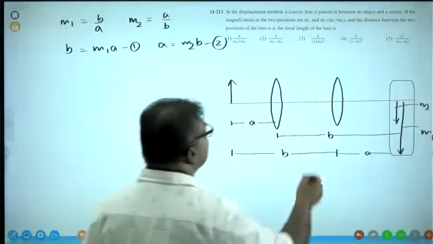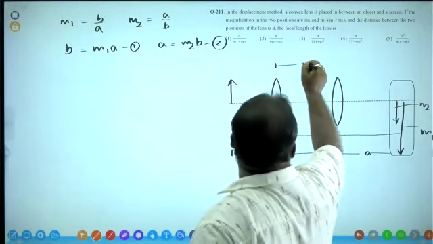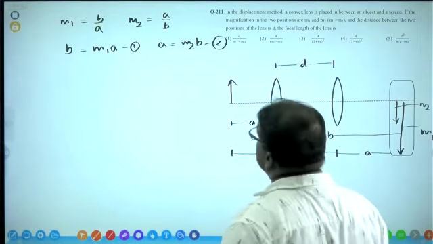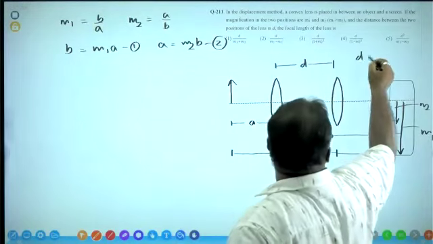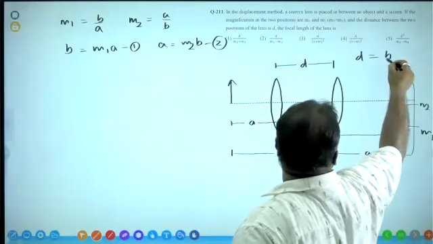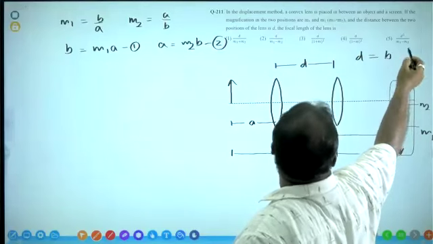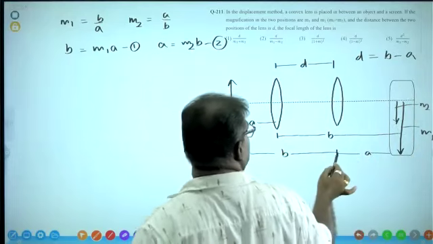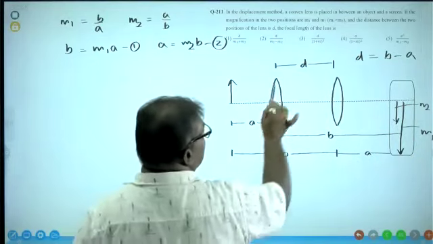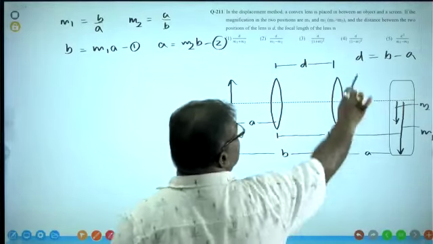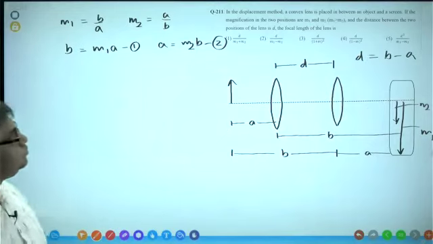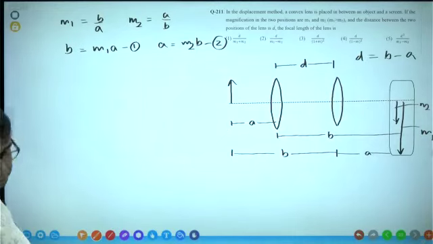And the gap between these two locations is D. So D is B minus A. Here to here B, here to here A. D plus A is B, then D equals B minus A. Yes, D is B minus A.